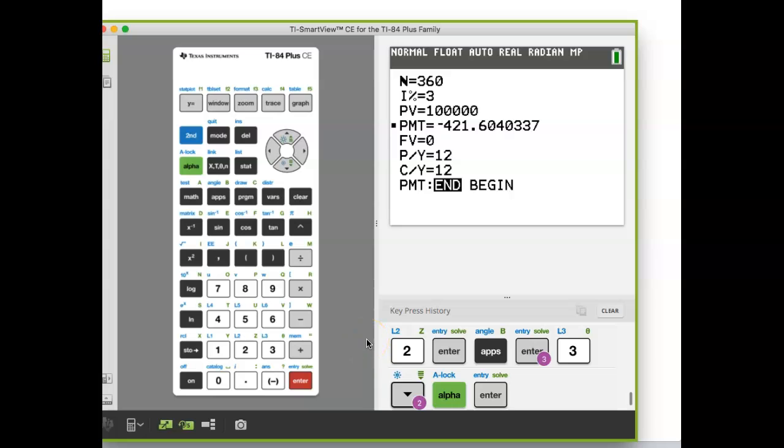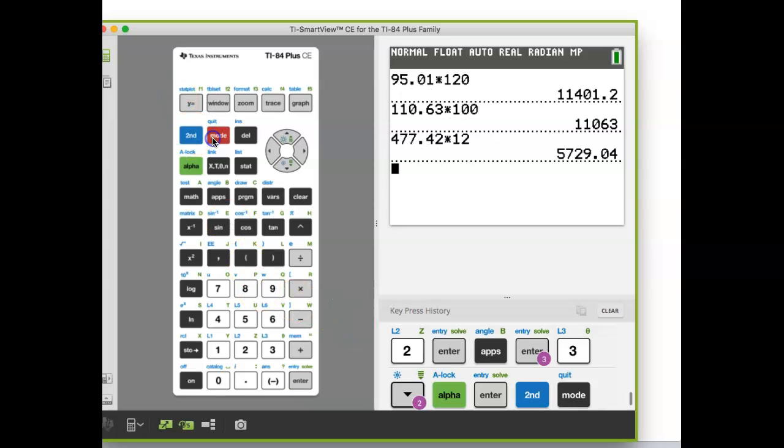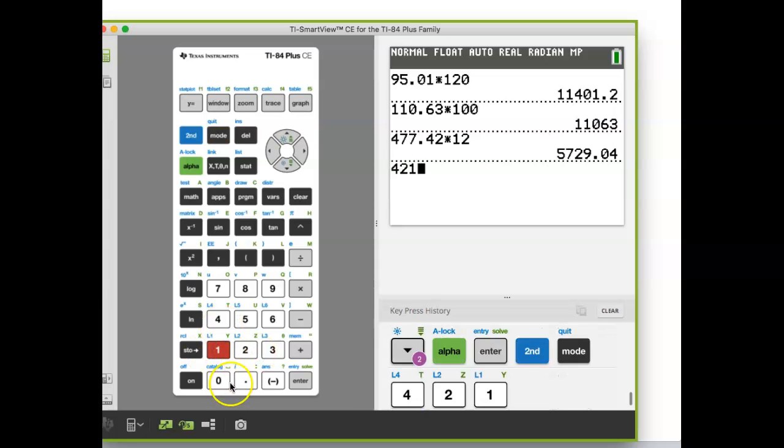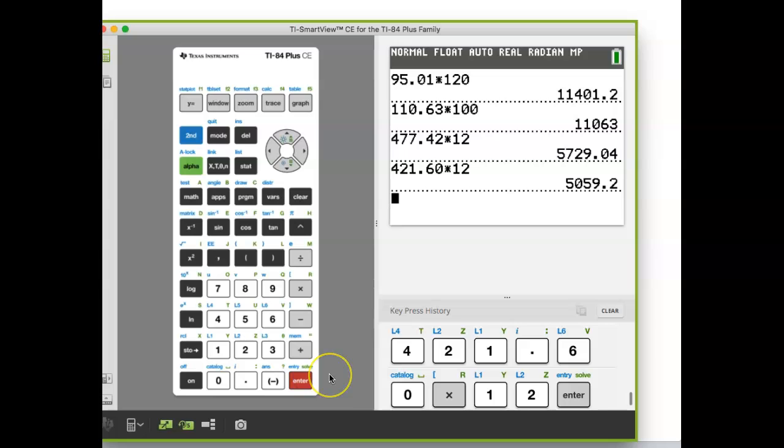So that's $421.60. I'll multiply that by 12 to figure out what I would pay over the first year. All right, so 5,059.20.